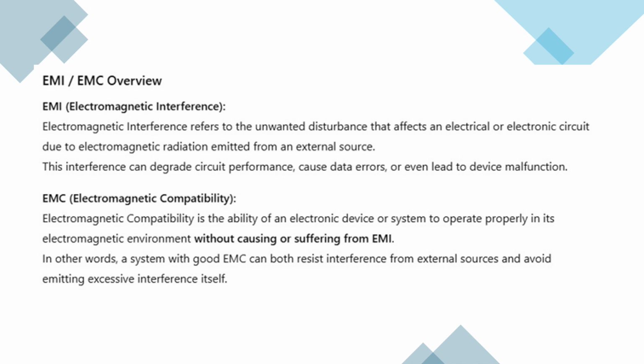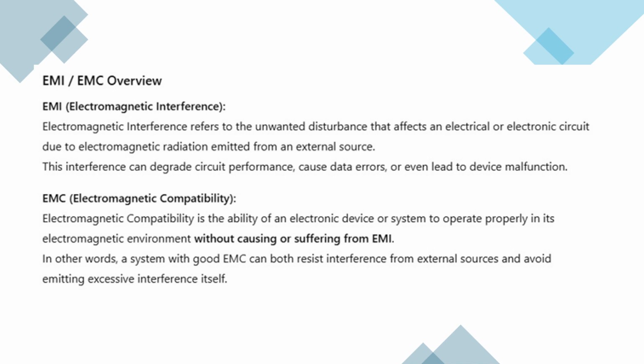For example, your mobile phone is also a source of electromagnetic radiation. This interference can degrade circuit performance, cause data errors, or even lead to device malfunction. So it is important to reduce the interference. Otherwise, because of the electromagnetic interference, the performance of your device will reduce.